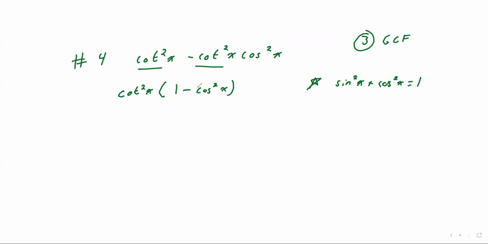And hopefully you're saying, well, I could technically subtract this cosine squared over so that I'm left with sine squared x equals 1 minus cosine squared x. Now I have a new identity. So now I can go, all right, well, 1 minus cosine squared is the same thing as sine squared. So now I have cotangent squared times sine squared.